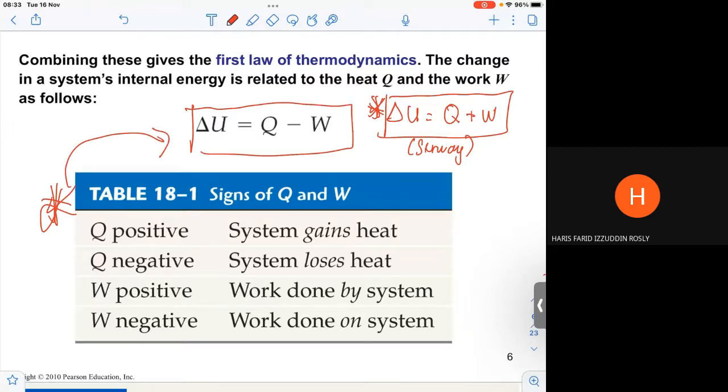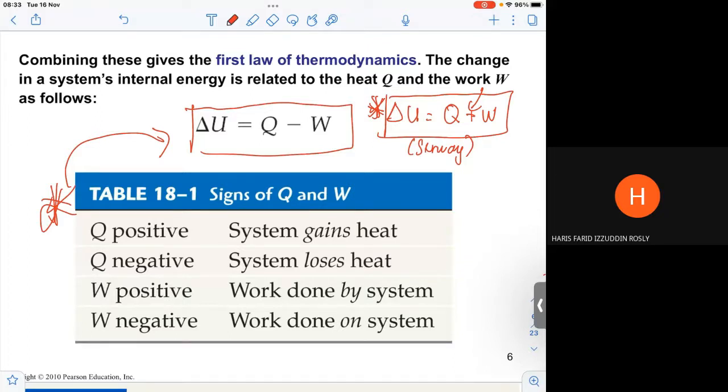So delta U equals Q minus W is correct, but according to the Serway textbook, delta U is Q plus W. What is the main difference between the equations in my notes and the Serway textbook? It is just a matter of sign, plus and negative.